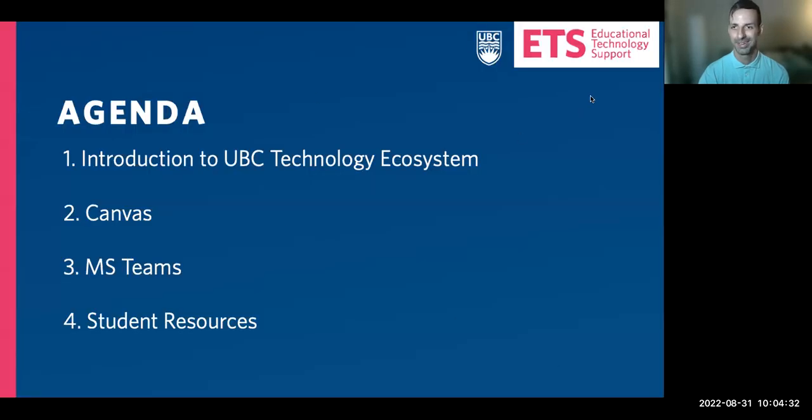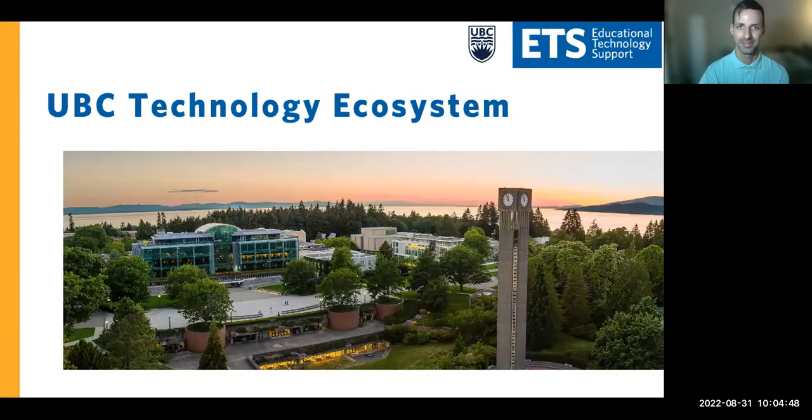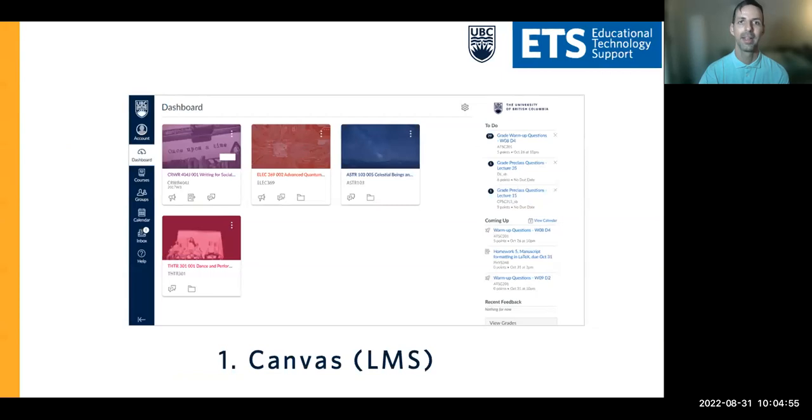Thank you, Gabby. So yeah, let's look at the UBC technology ecosystem. This is a brief review of the different technologies you'll be working with and also how you can get support at UBC, technological support we mean. First of all, you will find Canvas. Canvas is our LMS, and it's the primary learning management system at UBC.